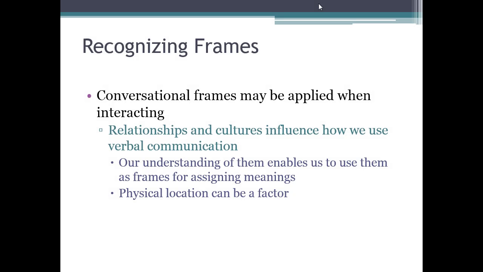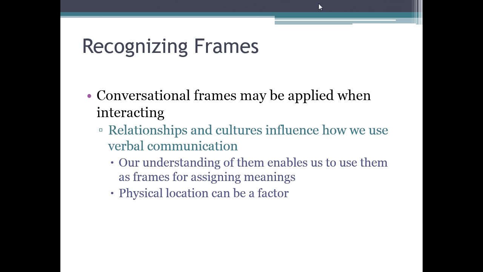When you're recognizing those frames, a number of types of conversational frames can be applied when you're interacting with others. Because of the way that we talk with one another, we don't talk about just one thing. Generally, our conversations take us into different frameworks, because that's where the conversation's going.